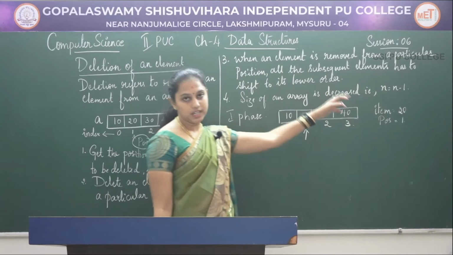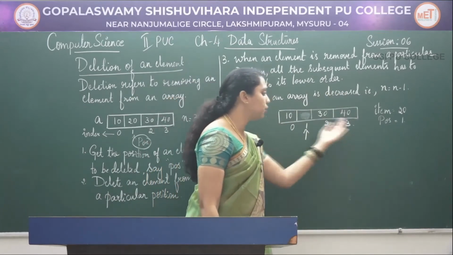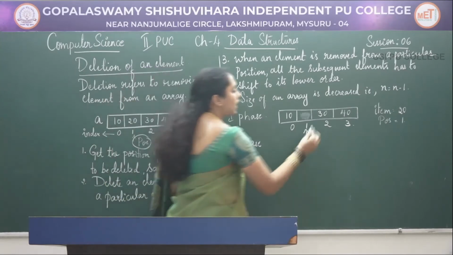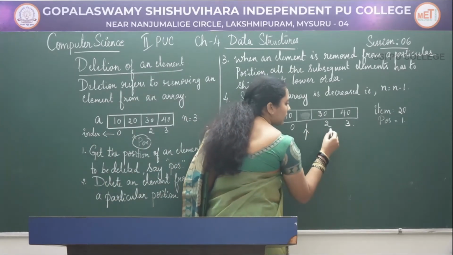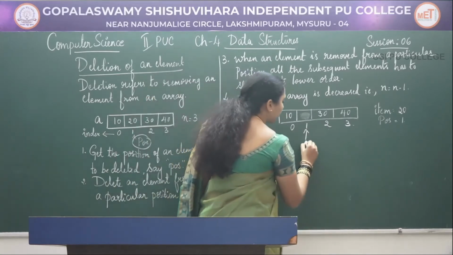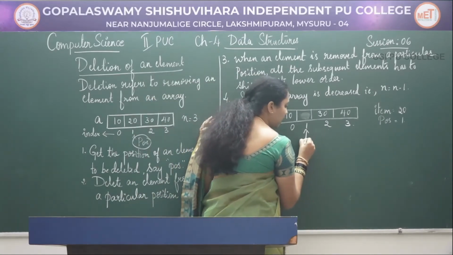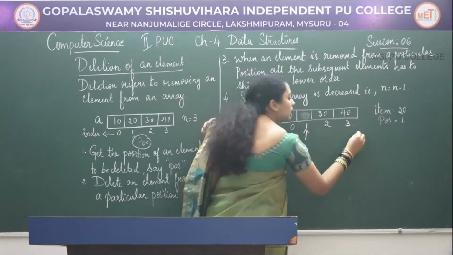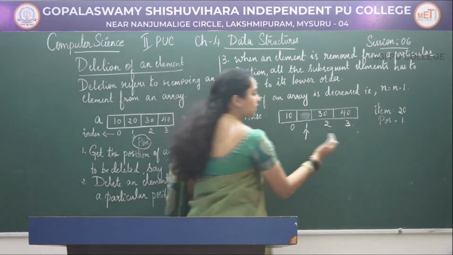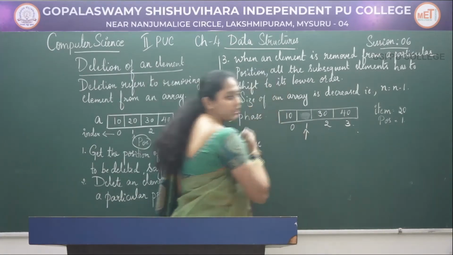In the second phase, all the subsequent elements have to be shifted to their lower order positions. That is, I have to shift the elements from i is equal to p, from the position where I have deleted the element till the last element of the array, to their lower order.